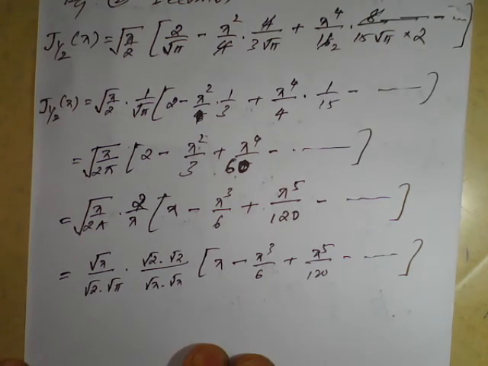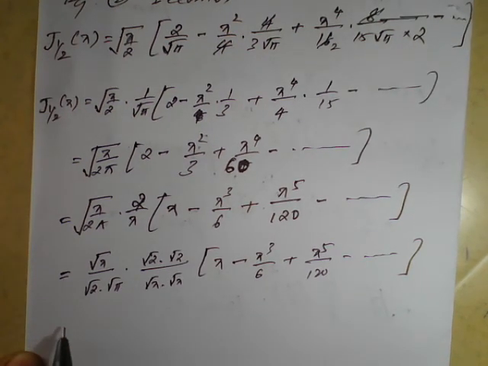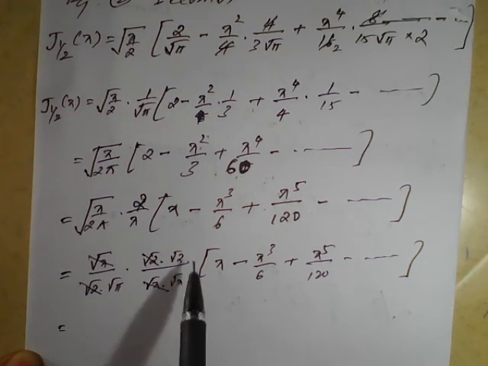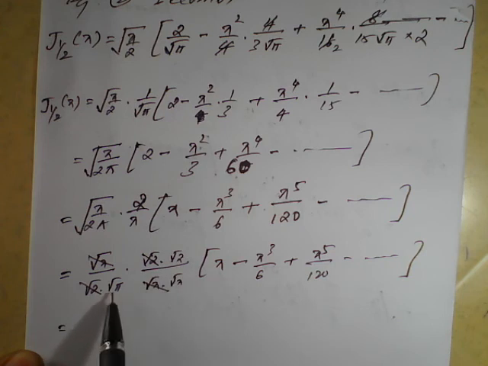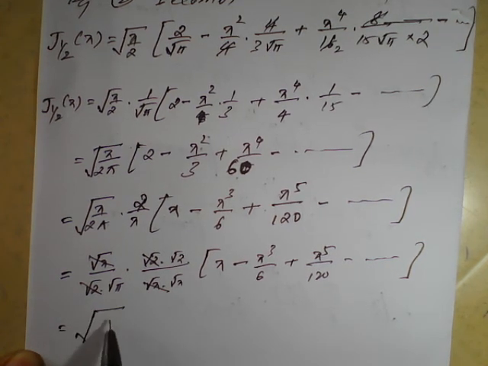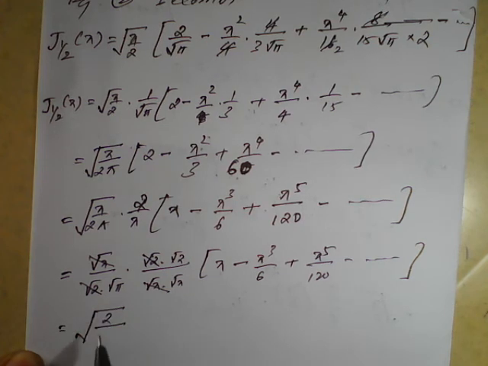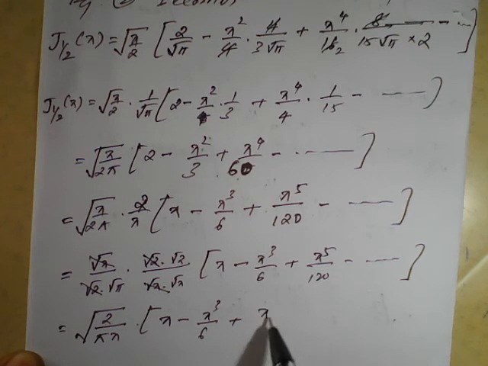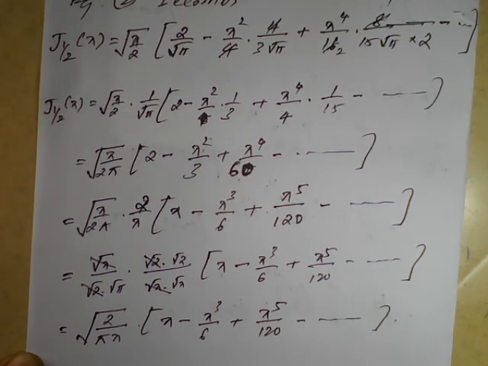Therefore we can cancel this root x, root 2 cancel. What is left here? Root 2 upon root pi into root x. So I will write it as common 2, square root of 2 upon pi x into x minus x cube upon 6 plus x raised to 5 upon 120 minus so on.